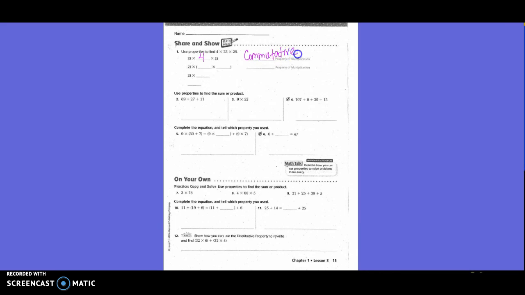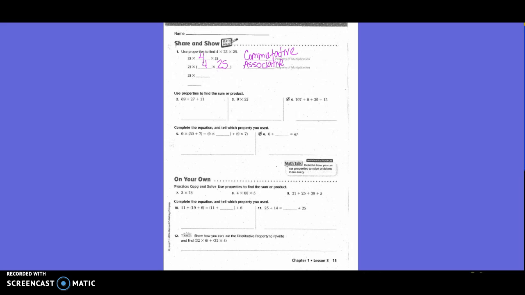Okay, then they showed us some parentheses, all right? So 23 times 4 times 25. So all they did was they added in the parentheses. So we see those parentheses, and that is what? Associative, right? So then now we need to group those together.